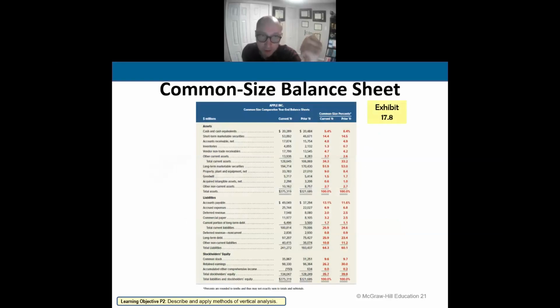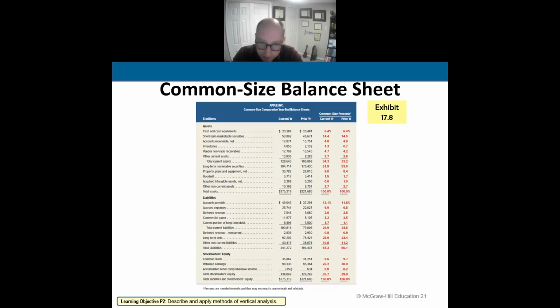So let me show you what it looks like on the balance sheet and then the income statement. We can see, for example, I take the current year cash amount and I divide that by the current year total assets. Okay, and the percentage is 5.4%.